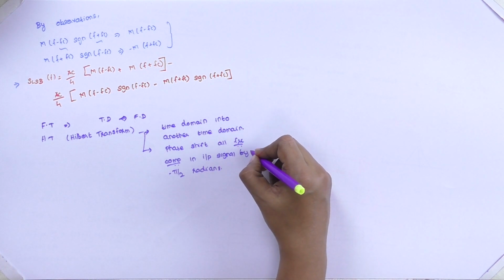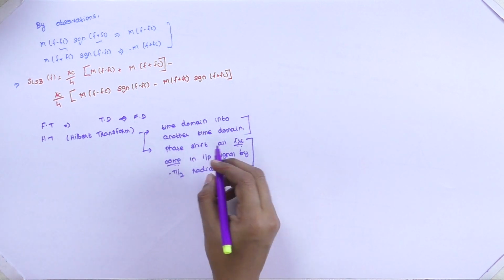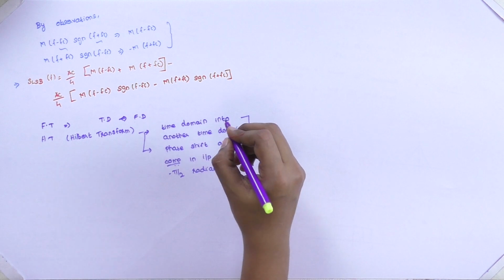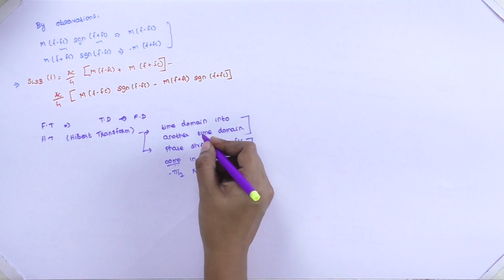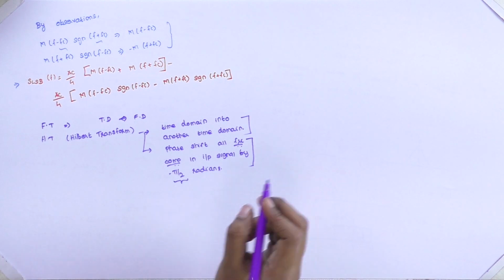Therefore, we will get only the phase shift. There is no transformation of the domain, that is, it cannot be transferred from time domain to frequency domain. It will maintain the same domain, from time domain to time domain, but only the phase shift alone will get changed.